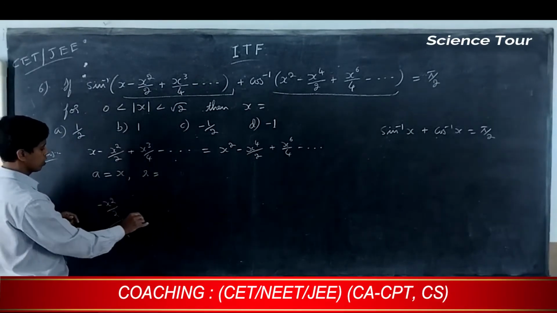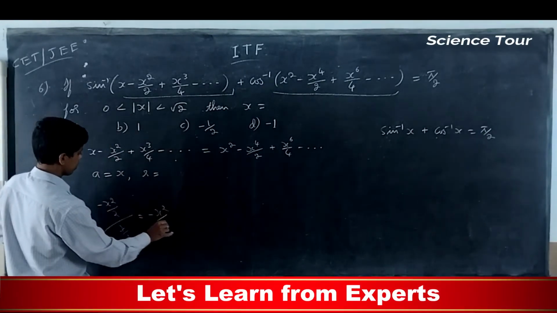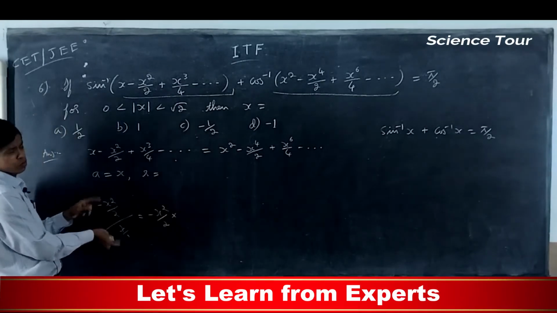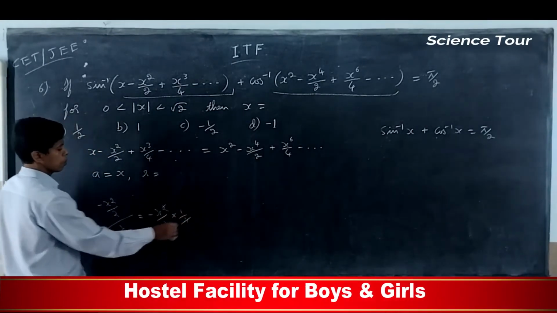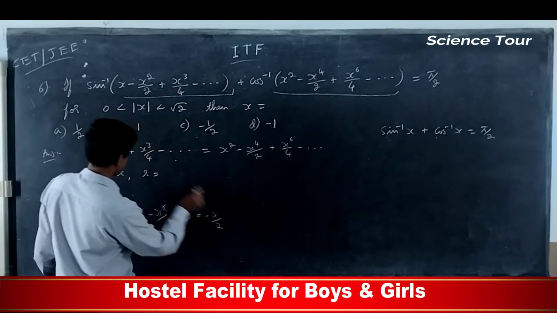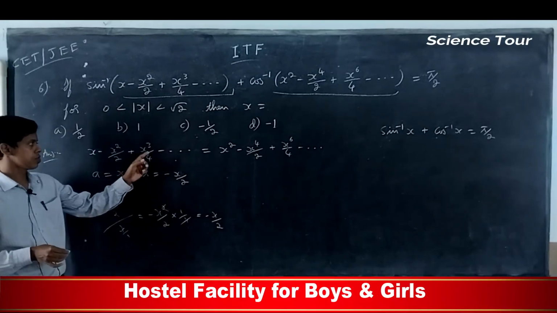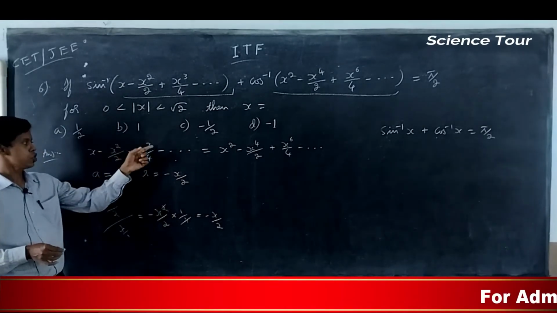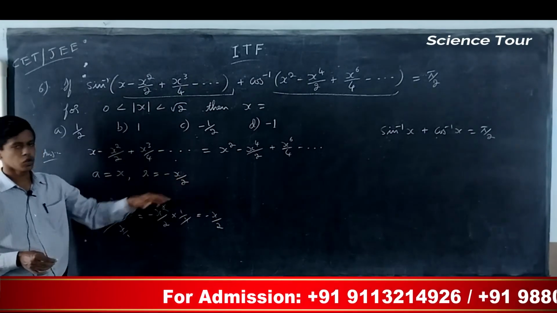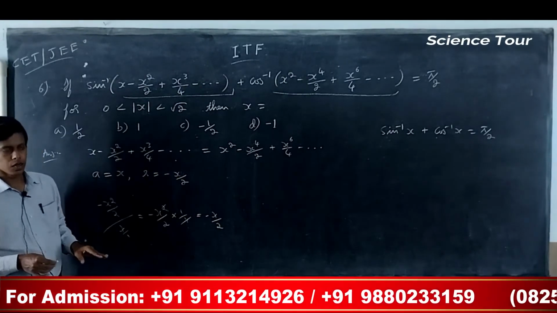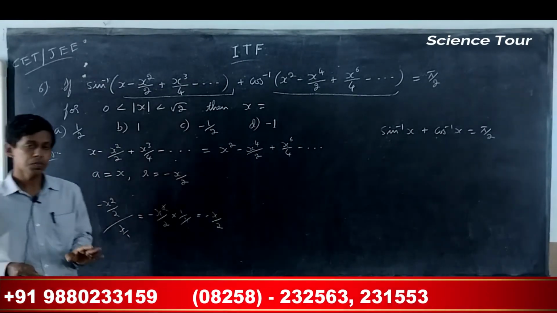You can write it as minus x square by 2 into 1 by x, so you can cancel and get minus x by 2 as the common ratio. Check with the next: x cube by x square gives x, and 4 by 2 gives 2. So this is an infinite GP.